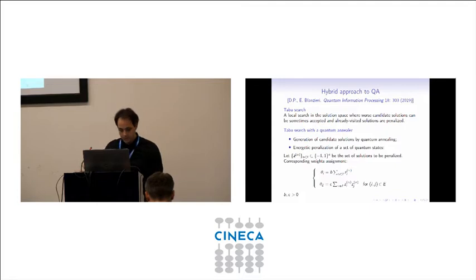When I say penalized for a quantum state, I mean that a quantum state is far from the ground state where the solution of the problem is encoded. So a taboo search in terms of quantum annealing has an energetic penalization of the set of quantum states corresponding to the set of solutions.